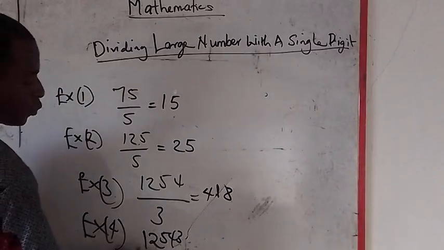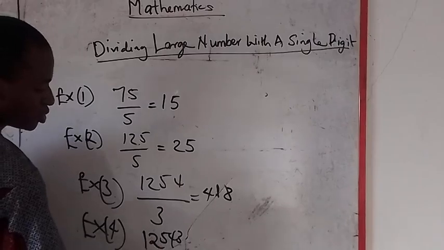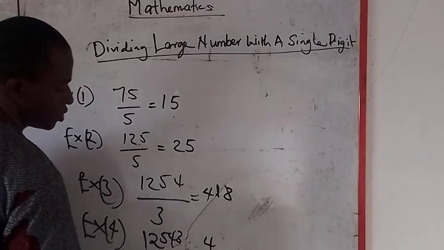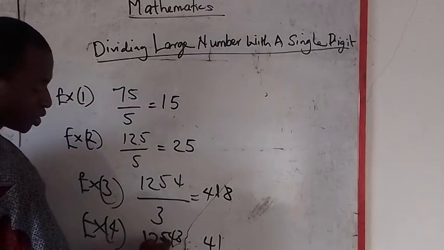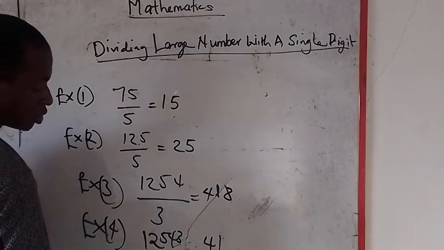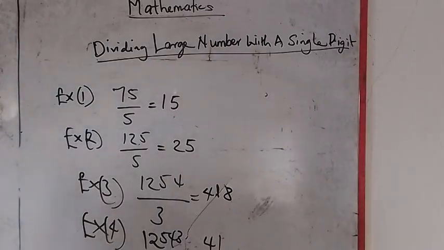We cannot go into 1, so we do the first two digits. It will go 4 times. Remember to put that 2 in front of 4.